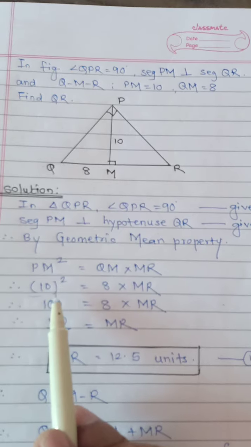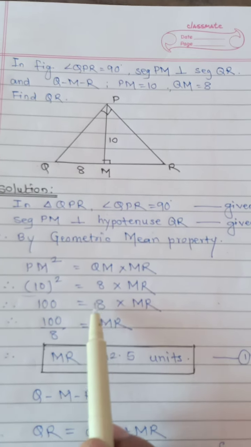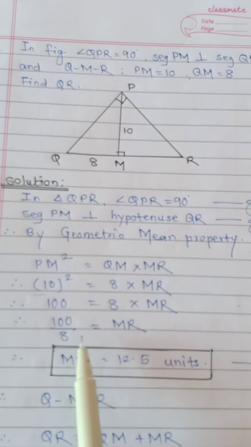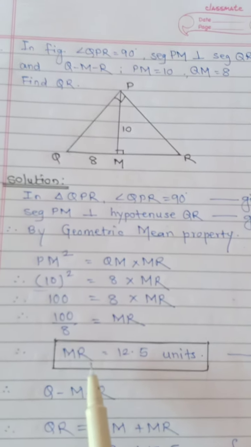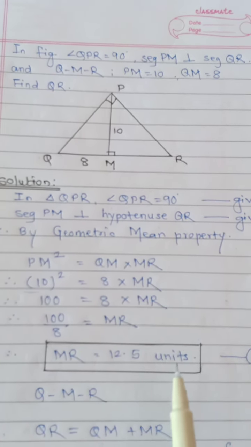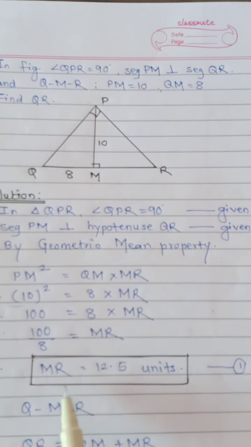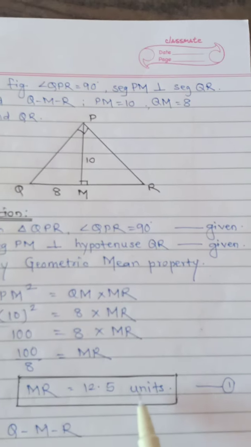So here comes 10 square, that is 100, equals 8 into MR. So 100 divided by 8 equals MR. So MR equals 12.5 units. After cancellation you will get 12.5 units.